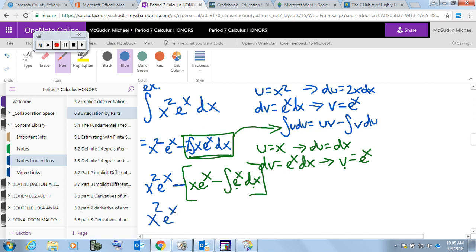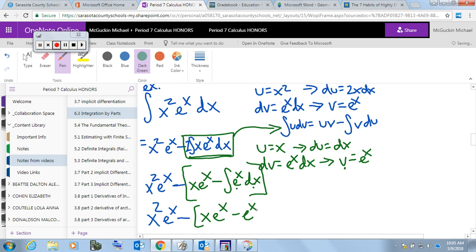Now let's simplify what's hanging in green. You still have x times e to the x minus the integral of e to the x. Well, the antiderivative of e to the x is just going to be e to the x, right? And so this is e to the x happening in here. We're pushing forward and moving along.